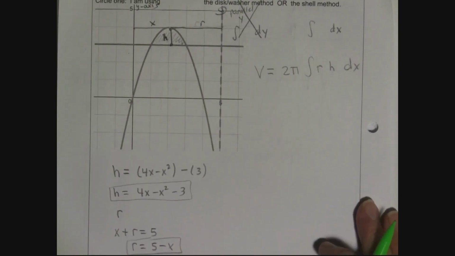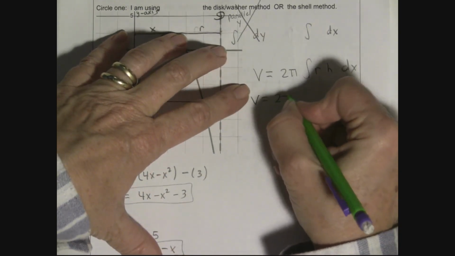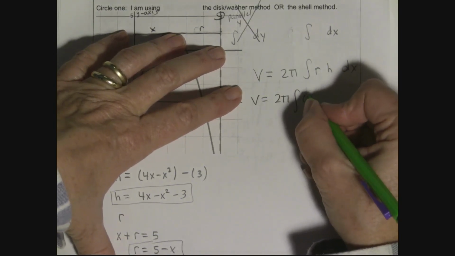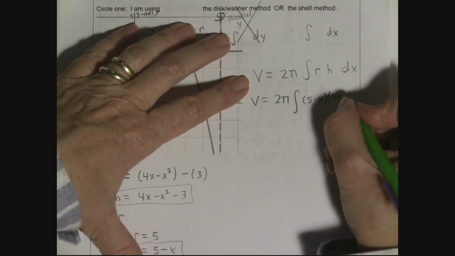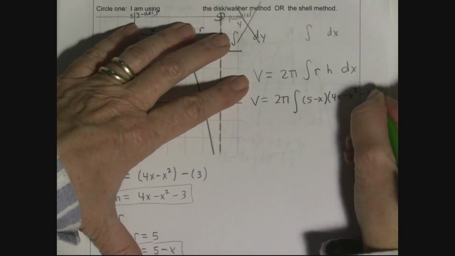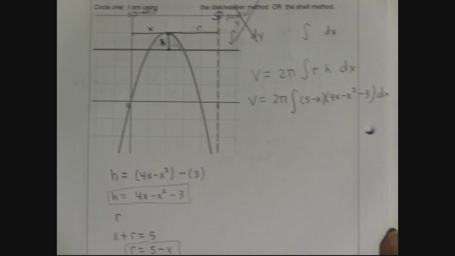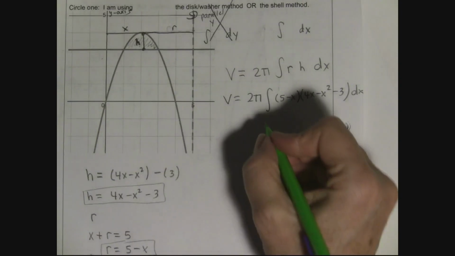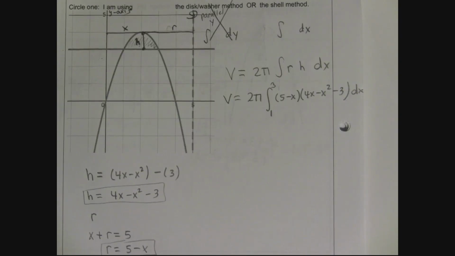So when I put this together, I get my volume equals 2 pi, and then my radius was 5 minus x, and my height is 4x minus x squared minus 3, and this is dx. The bounds are still 1 to 3 because I haven't changed what's going on in this situation, so we don't have to think about that. And there we set that one up.